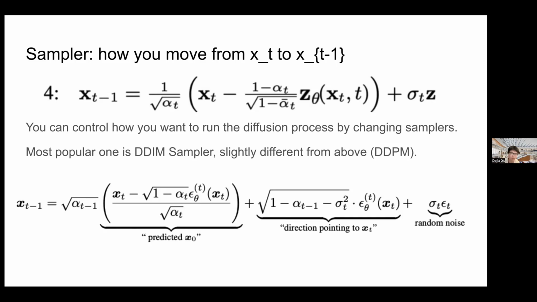The good thing about the one-to-one mapping is that you can then do some knowledge distillation to obtain a smaller model or even a faster model that can do the job better than a big model. So this is why the DDIM sampler is very popular.